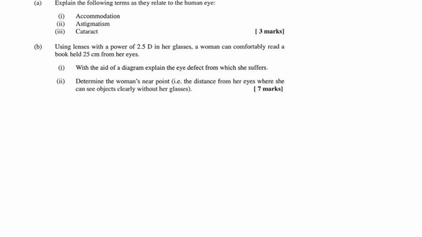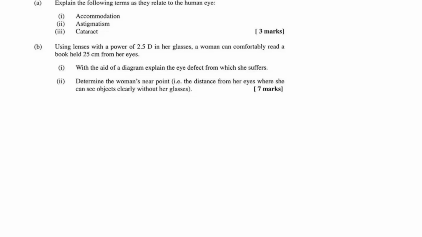Having said that, we now know that she is farsighted, given that with the lens, she is able to read comfortably at the perfect near point of a normal eye. And that is the closest that an object can get to the eye.